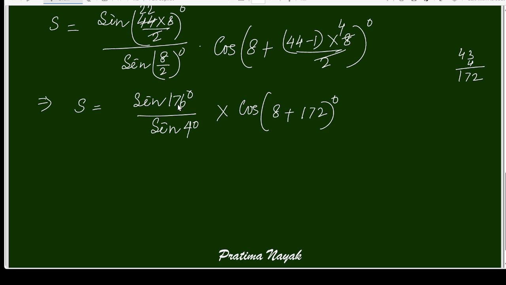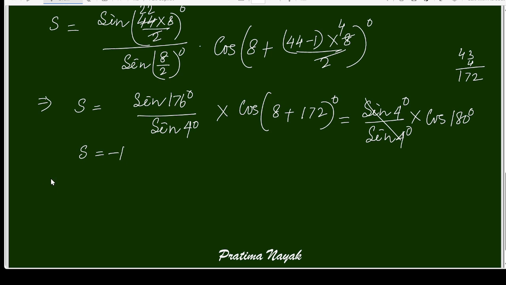And sine 176 can be written as sine of 180 minus 4 degree, which is sine 4 degree, so sine 4 cancels, and this equals cos 180 degree. Cos 180 degree we know is minus 1. So s is equal to negative 1.